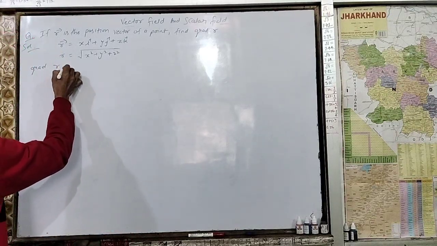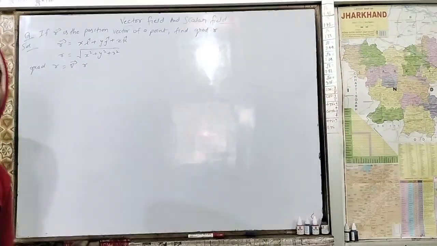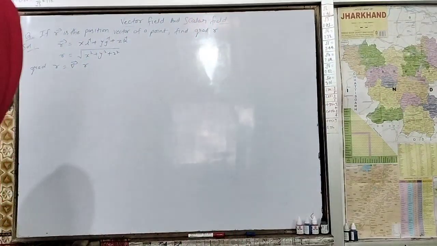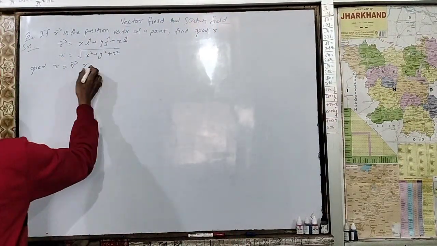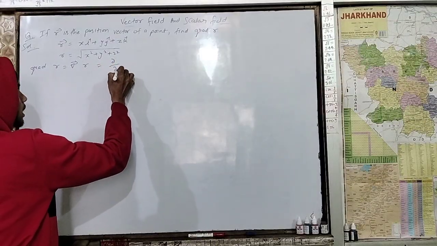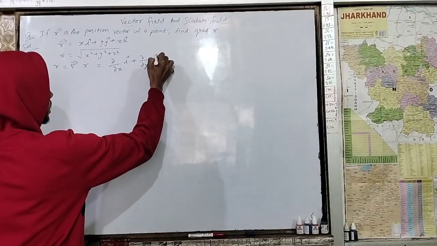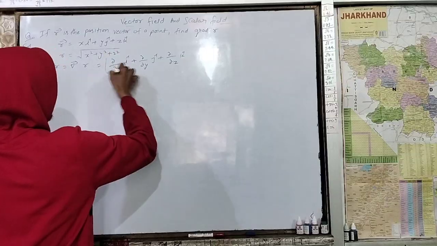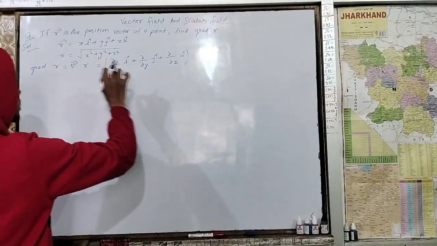Grad dot R will be equal to del operator dot R. Just in place of phi we have R. So this will be equal to d upon dx i cap plus d upon dy j cap plus d upon dz k cap dot with R. So the value of R is this much.